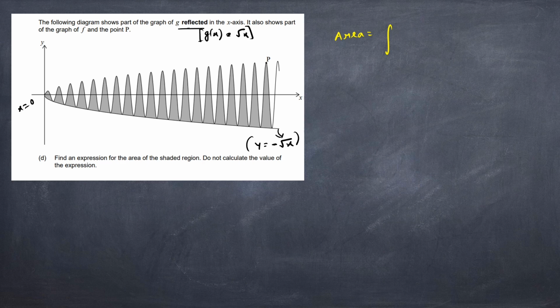So from here we can determine from x equals 0 to here, just see at this point P, this value is 154. So this x coordinate is 154, and we have this distance.